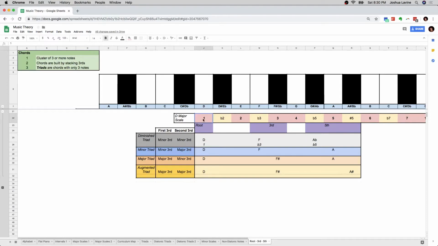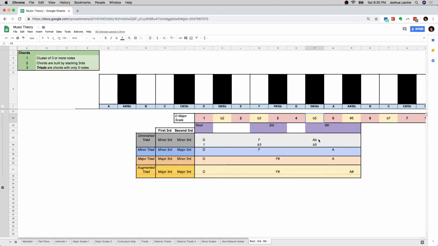So the root of the D major scale is 1, and all 4 triads are going to share that root. Here we did the D diminished triad. This F is a minor third away from D, and that is the flat third of the scale. And then we have an A flat here, which is the flat 5 of the scale of D major.